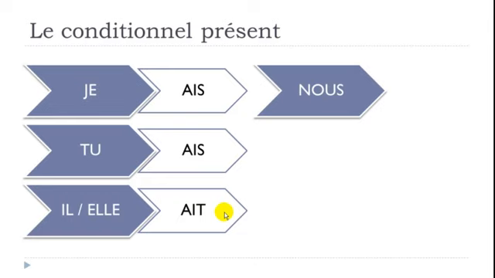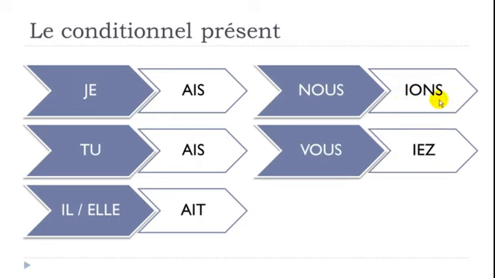So now let's see nous, and nous goes like I-O-N-S, okay, and it should be pronounced ion. Remember, final S is not pronounced. Then for vous, it goes like I-E-Z, and it goes like ye, okay. Remember, when you get this I before, it goes like ye. So that's the reason why we had this ion here, and then ye.